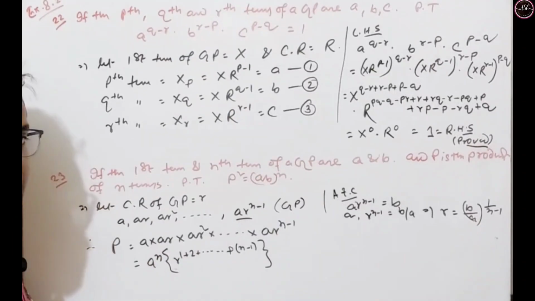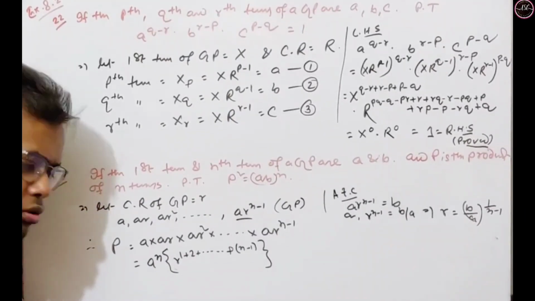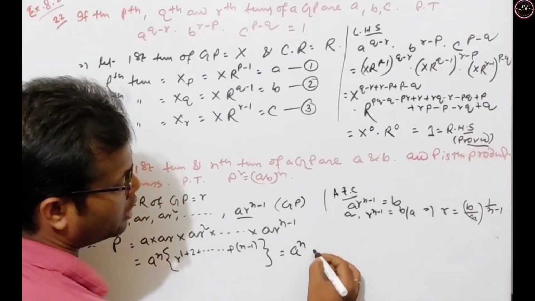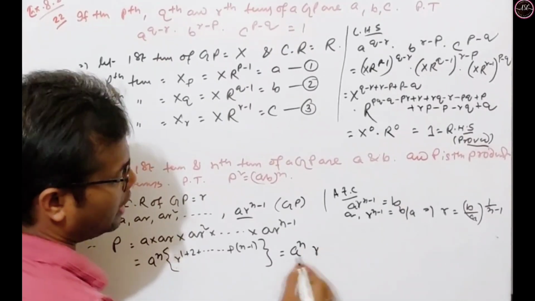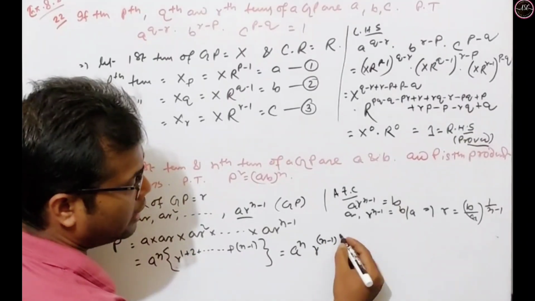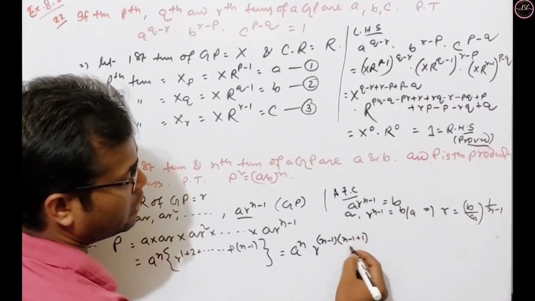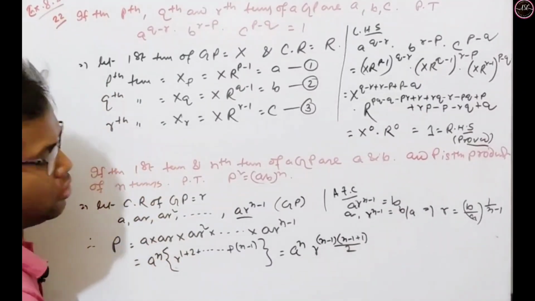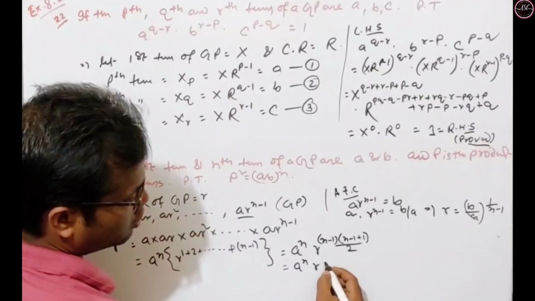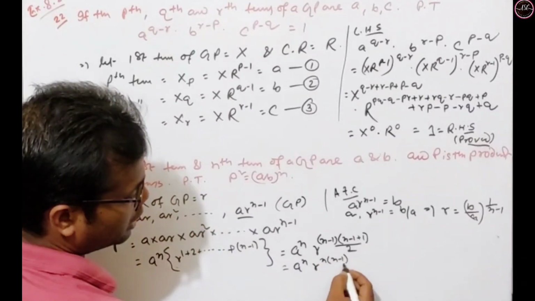We know the sum of 1, 2 up to n equals n into n plus 1 by 2, so we apply that here: n minus 1 into n minus 1 plus 1 divided by 2. So we get A to the power n, R to the power n into n minus 1 by 2.